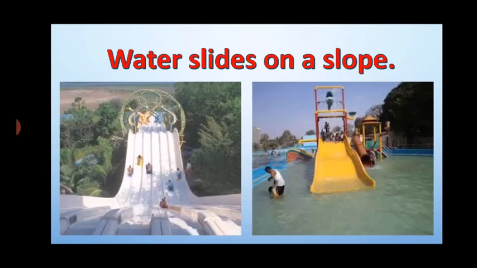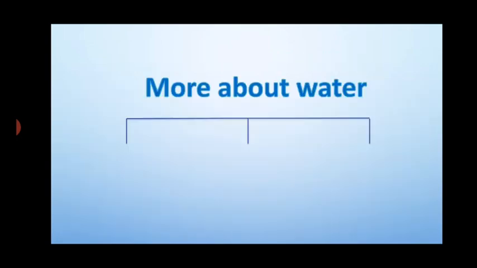And look at this, water spreads on a flat surface. We saw that if you pour water with the glass or with the mug, it does not remain like that. It spreads out. Look here, you must be seeing on the slide on your screen how water is flowing, isn't it? It is not staying in one place, it flows, so it spreads. And you will also see that water flows down a slope.